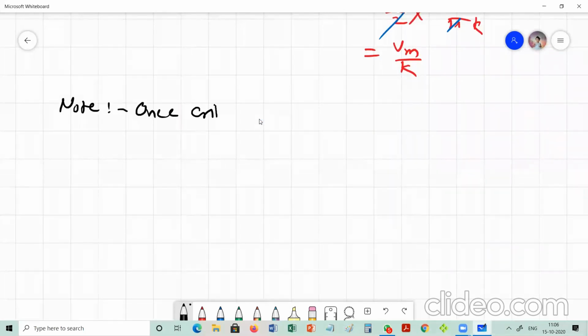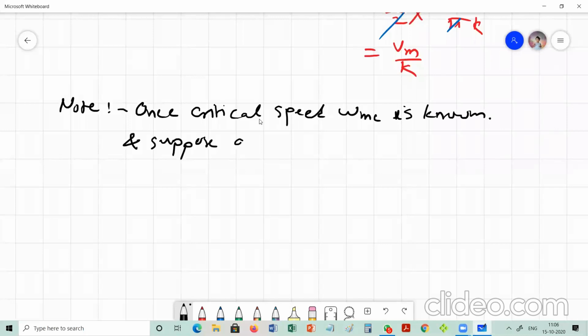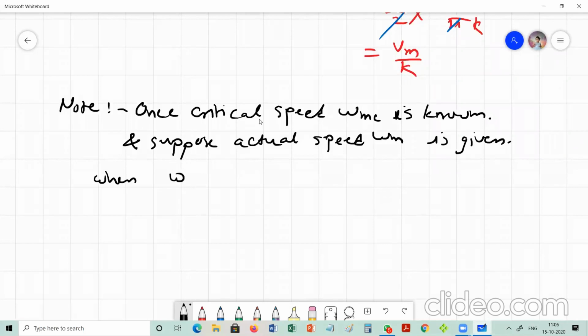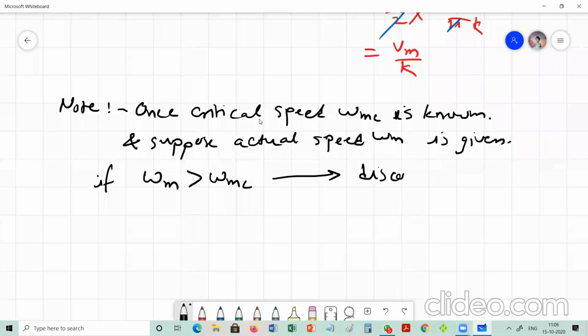Once critical speed omega mc is known, and suppose actual speed omega m is given, if omega m is greater than omega mc, it means this is discontinuous conduction.